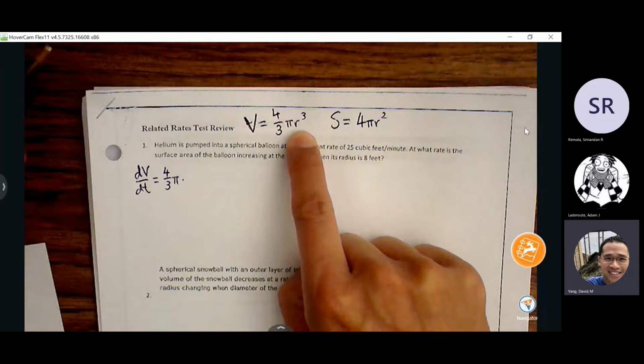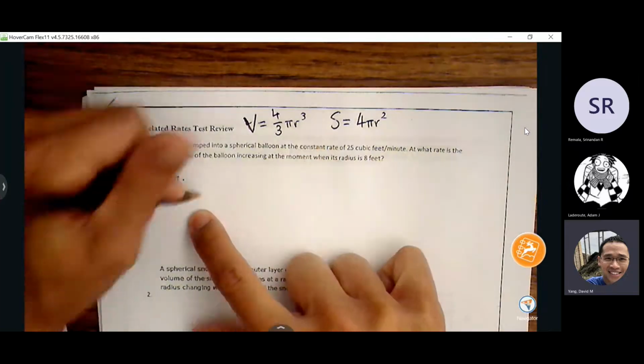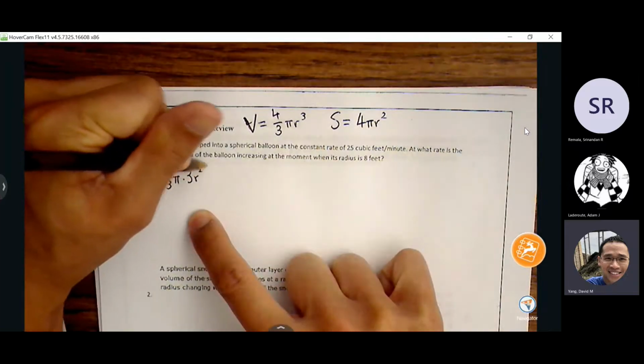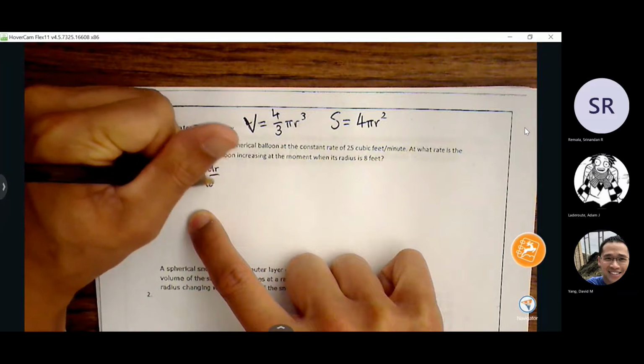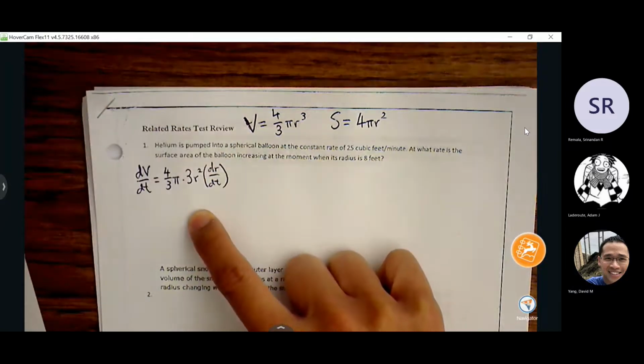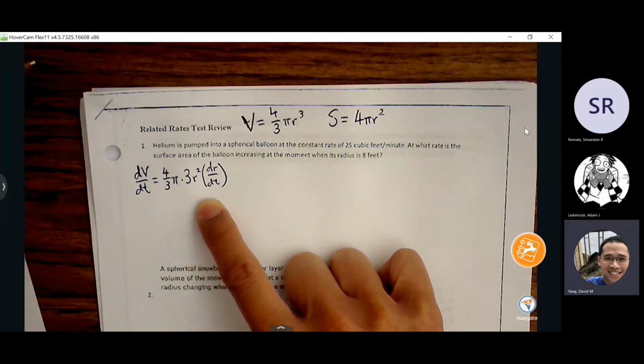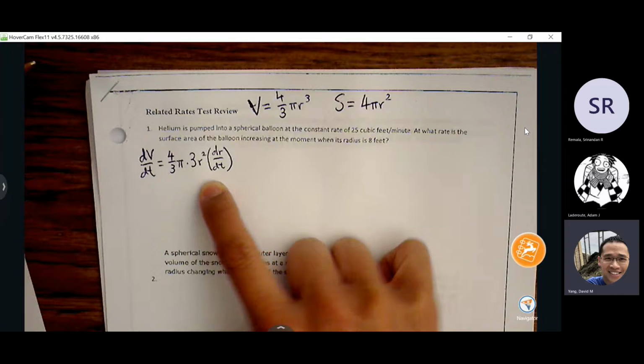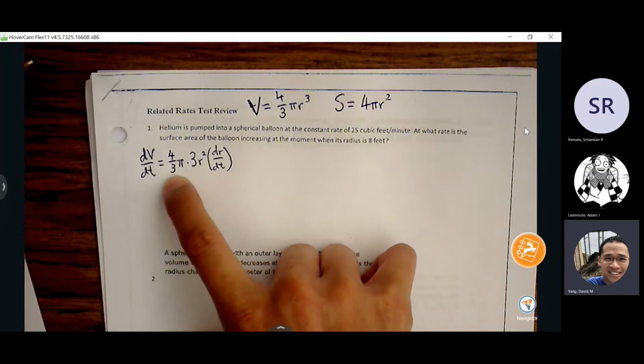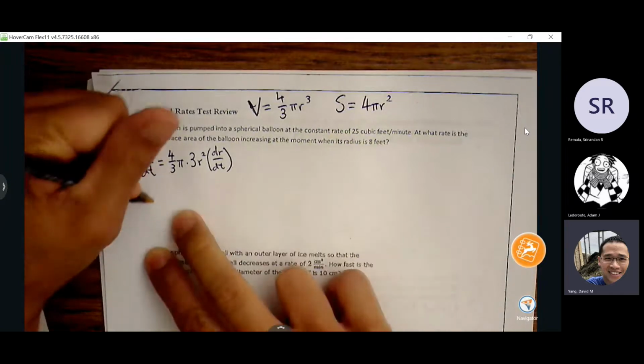Okay, 3r squared dr/dt. Can do a little bit of cleanup here. I can take out the 3's in the numerator and denominator.